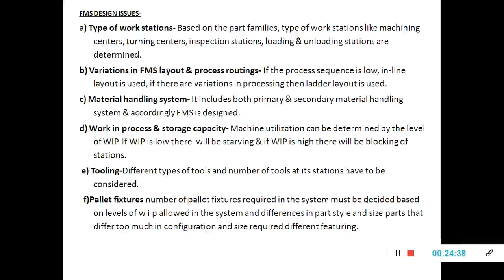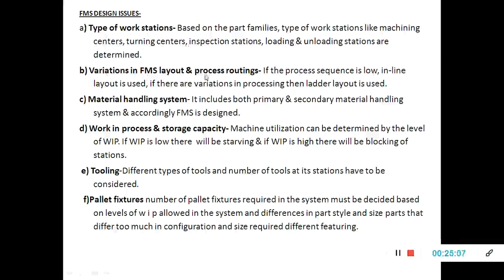First you look at the work part and which operations are needed, whether turning, inspection or any other operations are needed. Depending on the type of part from the part family, the different processing operations are selected. That is the type of workstations.